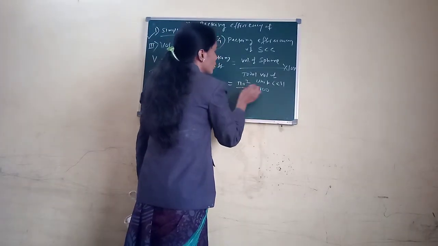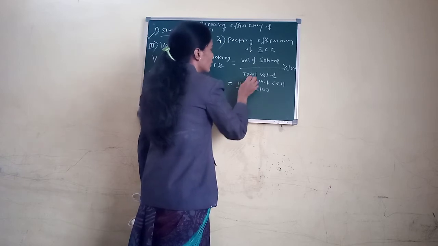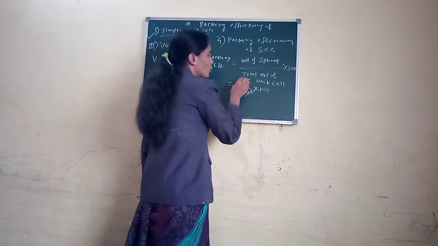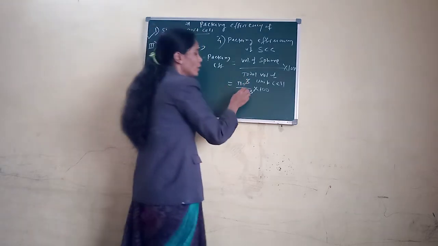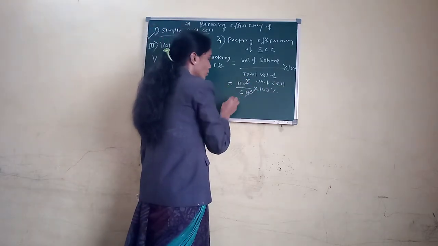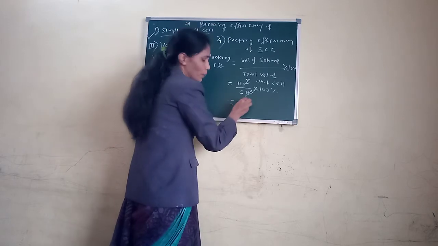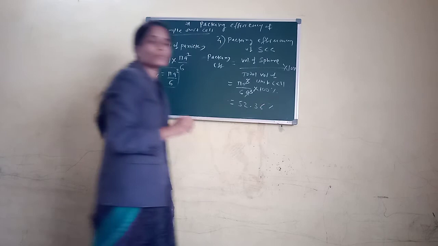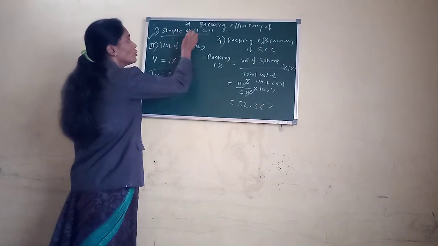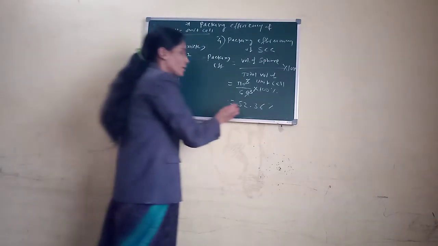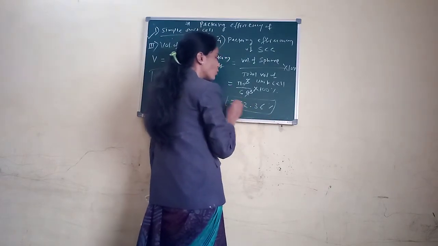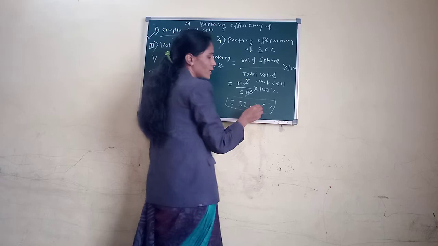Therefore, a cube gets cancelled, and by putting the value of pi 3.14, the answer is 52.36%. That is, in simple unit cell, the packing part of this unit cell is 52%.